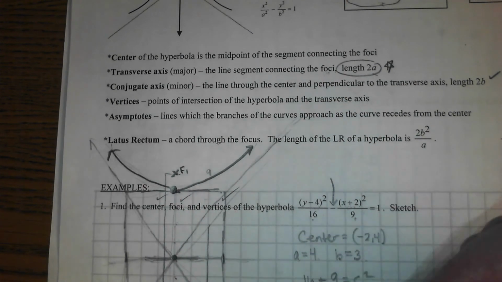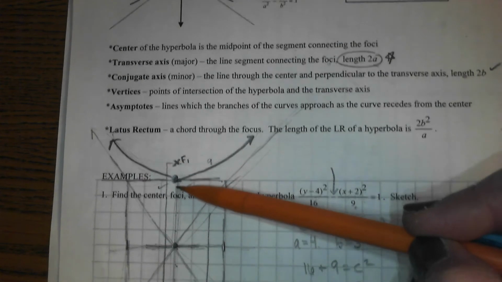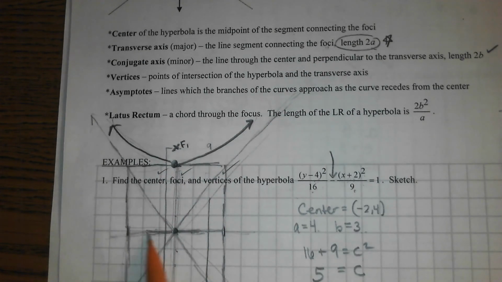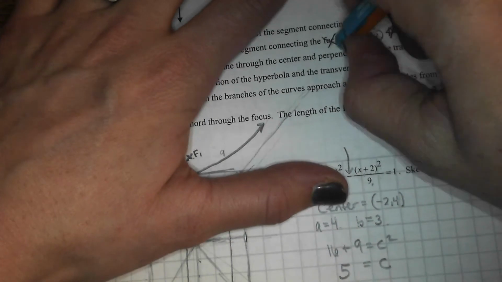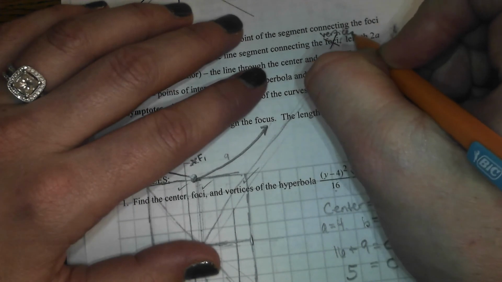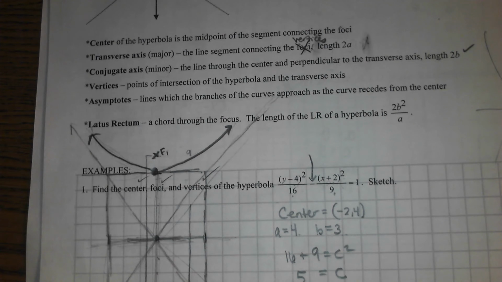This is the major axis, just like it's the longer way across the rectangle, and this is the minor axis. Do you follow that? Cross out foci here and put vertices, because that would make more sense. Just like your major and minor axis in an ellipse connect the opposite vertices, the major one's the longer, the minor one is the shorter.